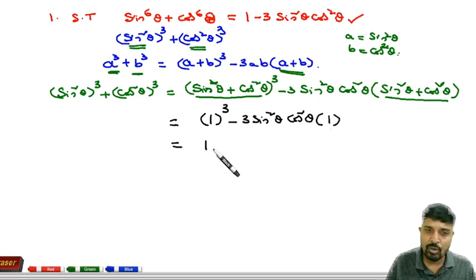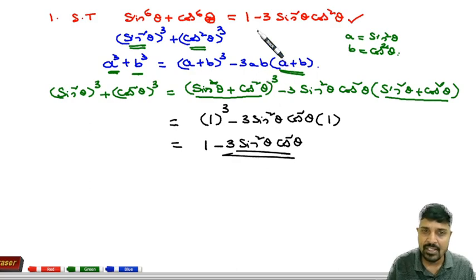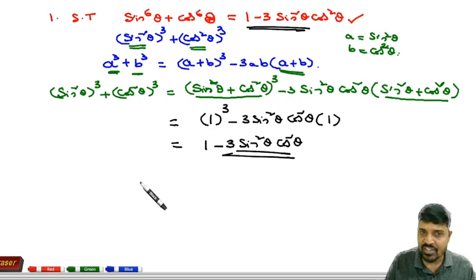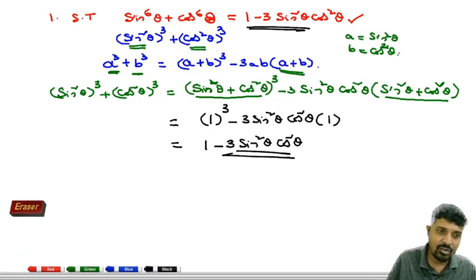So 1 whole cube is 1, minus 3 sin square theta cos square theta. This is what we have to prove. Hope you understand this. We'll go for the next question.